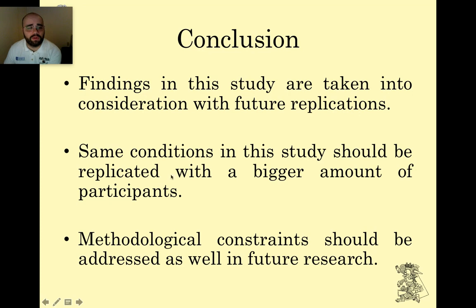And also, in the same line, the conditions in this study should be replicated with a bigger amount of participants, and also taking into account the different methodological constraints that I mentioned, to either try to search for a different experimental design, perhaps with fewer subjects, but with more control of the variables inside the design of the experiment.